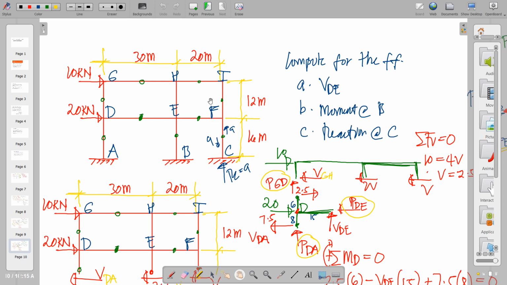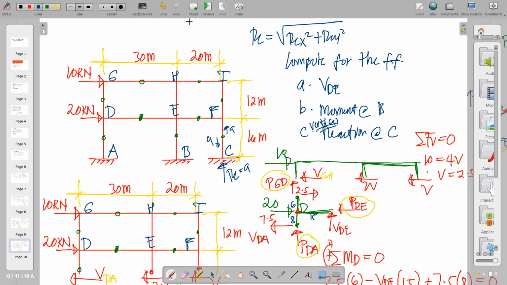And by the way, I would like to specify that this is the vertical reaction at C. Otherwise, if it is the reaction at C, we'll also need the horizontal reaction, and then RC is just equal to the square root of RCX squared plus RCY squared. But in this case, this is just referring to the vertical reaction at C.